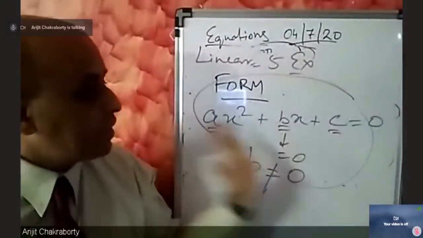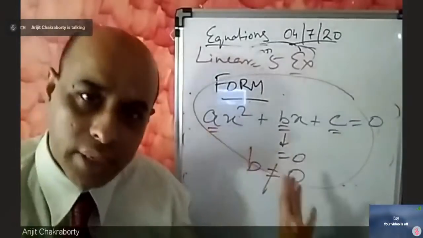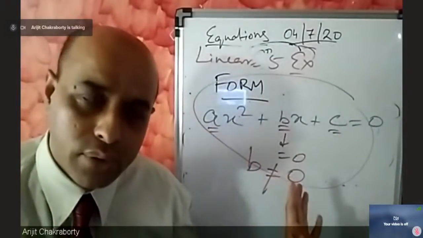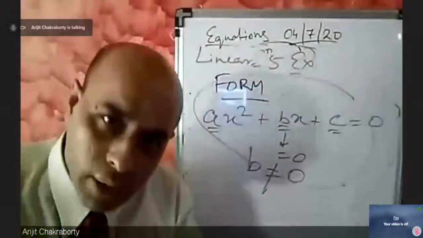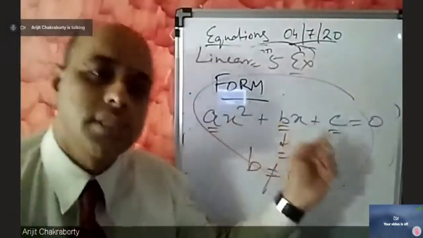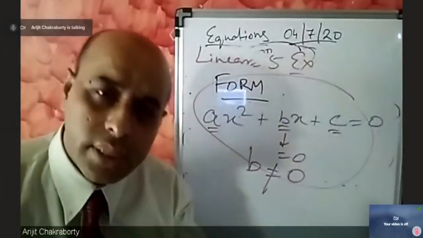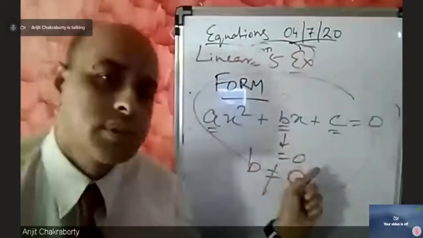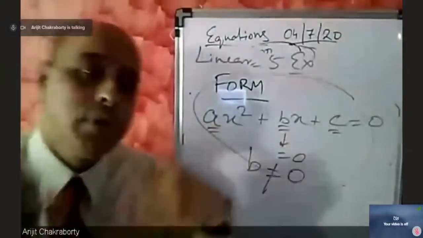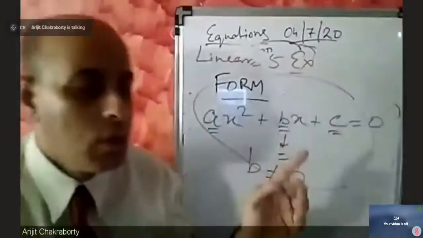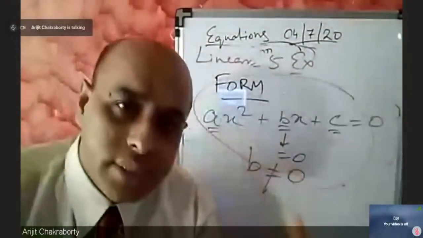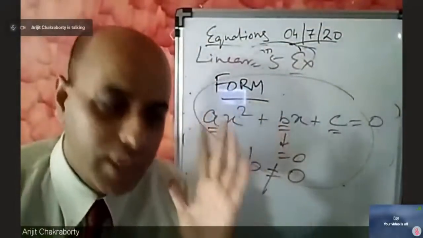So this is the form of a quadratic equation ax square plus bx plus c, where x is the variable and a, b and c are constants, and when b equal to 0, we call it a pure quadratic equation, and when b is not equal to 0, we call it an affected quadratic equation.